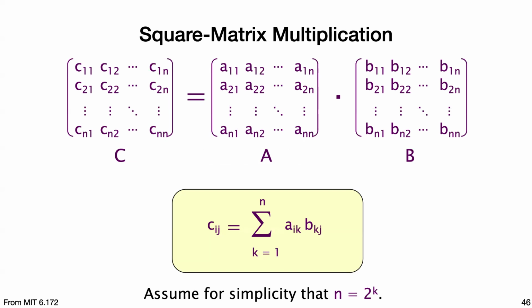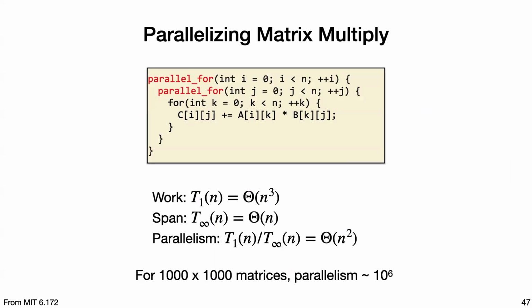Recall that matrix multiplication can be represented as a series of dot products, where every C_ij in the output is a dot product of a row of A and a column of B. I think we did this in the previous lecture: the total volume is n cubed. We had this 3-loop matrix multiplication in a previous lecture, and one way we can parallelize it is by putting parallel for on both outer loops.